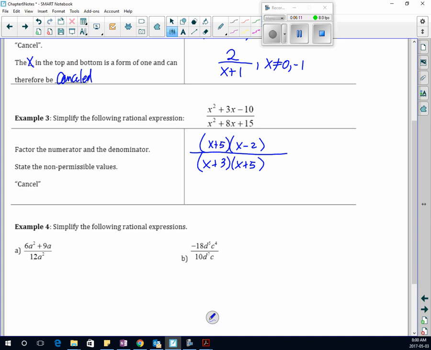At that point, I can see from the denominator that x cannot equal negative 3 and negative 5. Do you see the form of 1? x plus 5 over x plus 5. So I cancel. My final answer is x minus 2 over x plus 3, where x cannot equal negative 3 and negative 5.